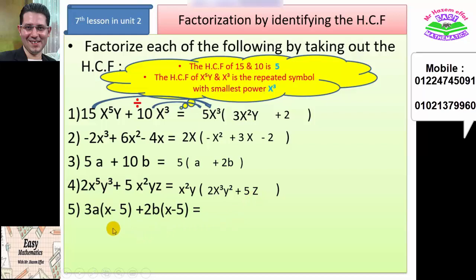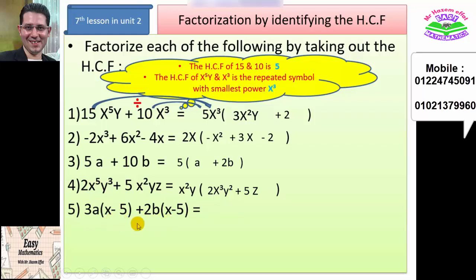Number 5, here he gave me 3a multiplying open brackets x minus 5, plus 2b multiplying open brackets x minus 5. Here this is a difficult one because we haven't any HCF. No, I mean we have an HCF. What about the HCF here?